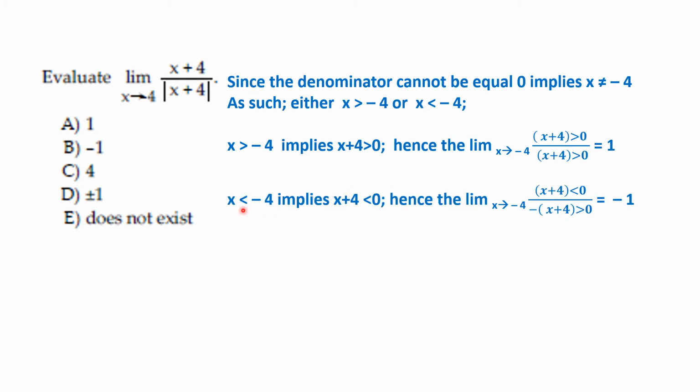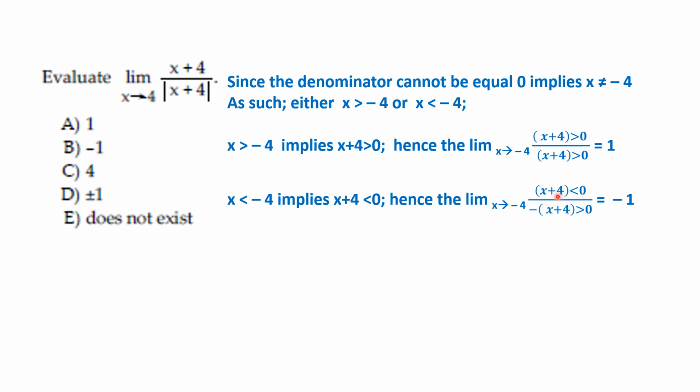For x less than negative 4, this implies x plus 4 is less than 0. Hence, the limit as x approaches negative 4, in the numerator, will be x plus 4, which is less than 0. The denominator, because this is the absolute value and we use the positive side, will be negative of (x plus 4).